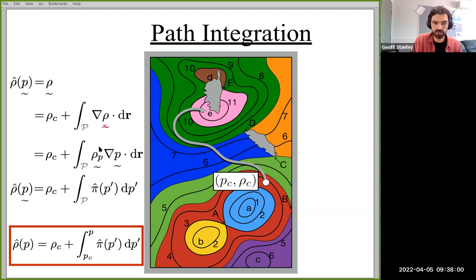Now, if I use the neutral relationship, grad rho becomes compressibility times grad P, and I can use the fact that pi hat of P is the compressibility, and then turn grad P dot dr into dP. So this is how you evaluate this integral of pi hat. It's actually via path integrals.